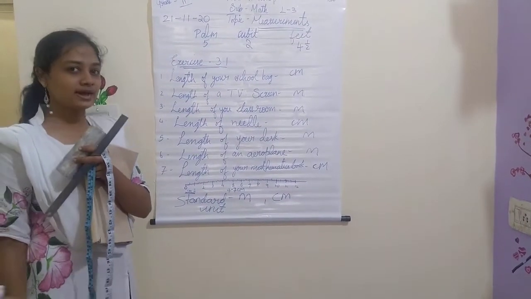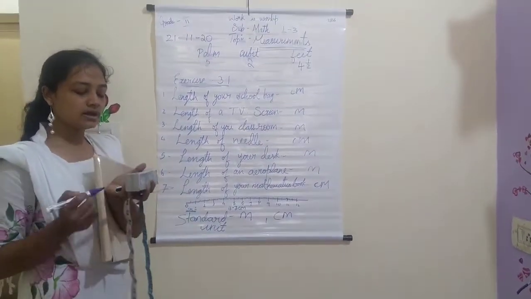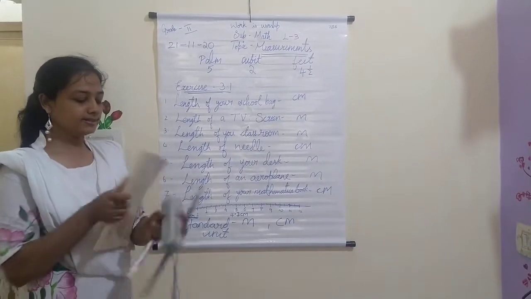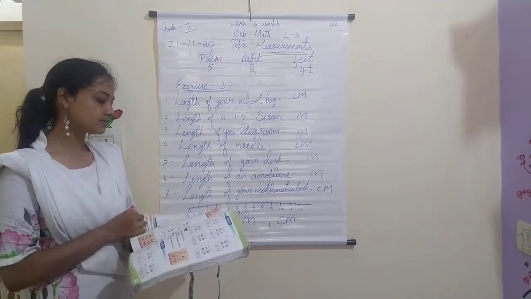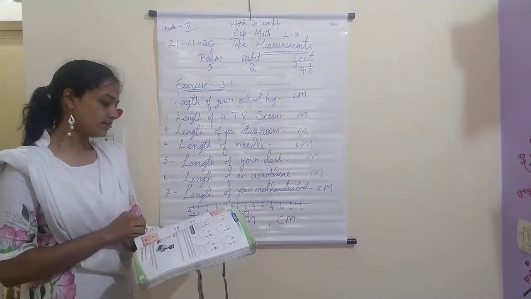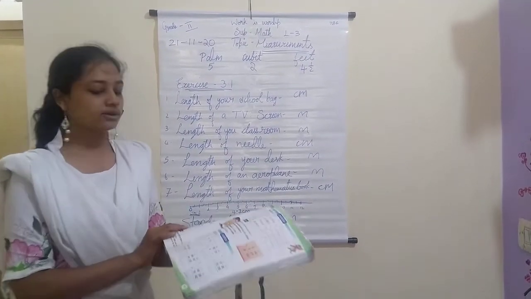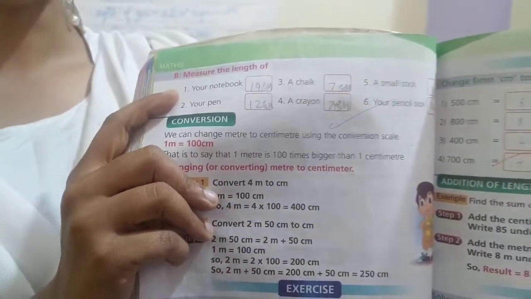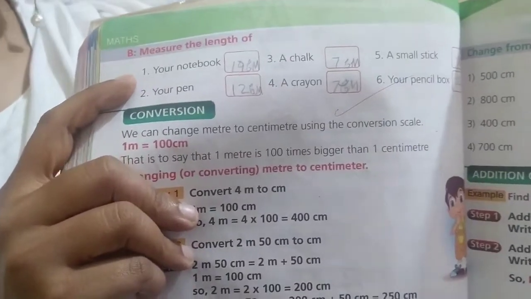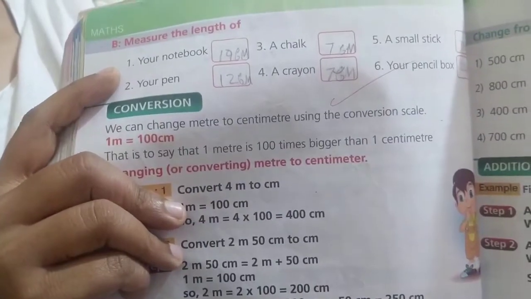So children, are you clear with the first exercise? For the second exercise, you have to go to page number 92. On page 92, your second exercise is that you have to measure things using the scale. You have to measure it, children.